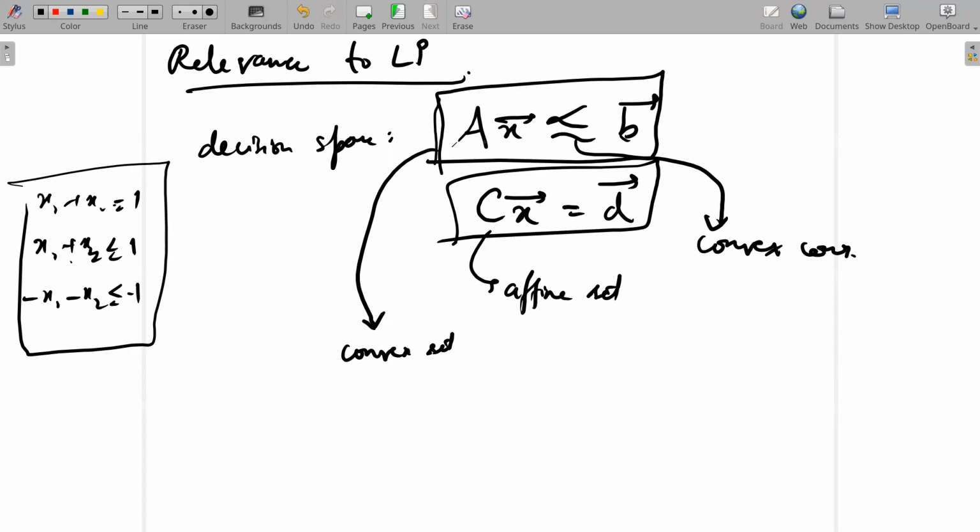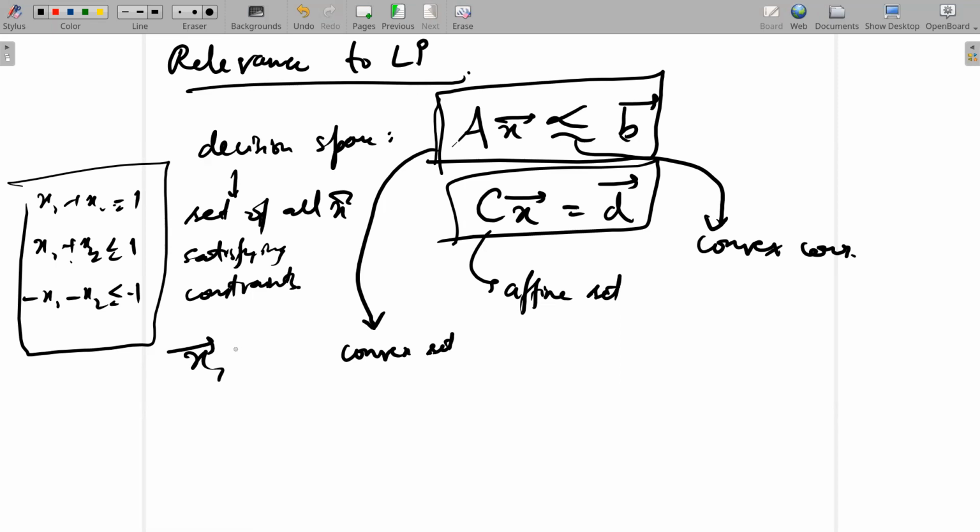Okay, so what I'm claiming is, what is the decision space? It is the set of all vectors x satisfying the constraint functions, or constraints, right? So let's say x1 and x2 both belong to the decision space. So what does that mean?